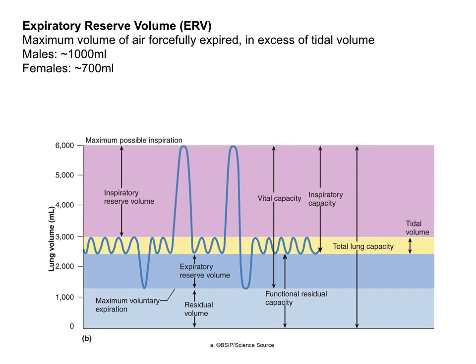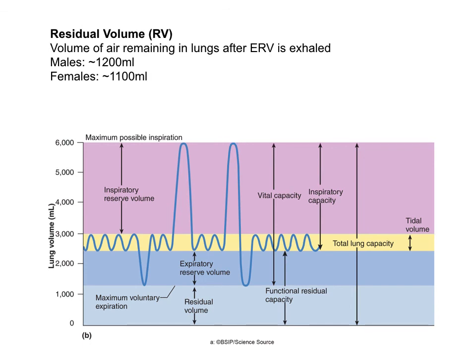And that actually can never happen, because after your most forceful exhale, after you remove your entire expiratory reserve volume, you still have air in your lungs. You have what is called residual volume, which is abbreviated RV.